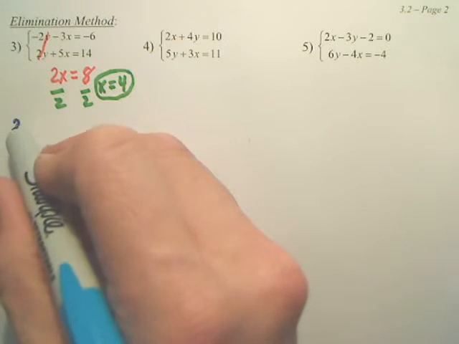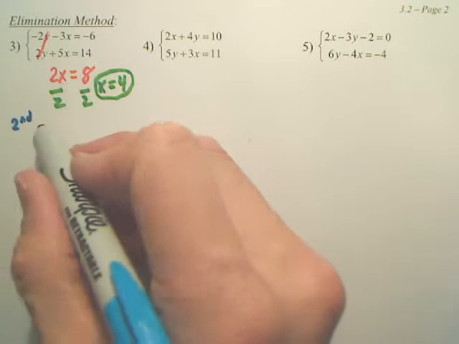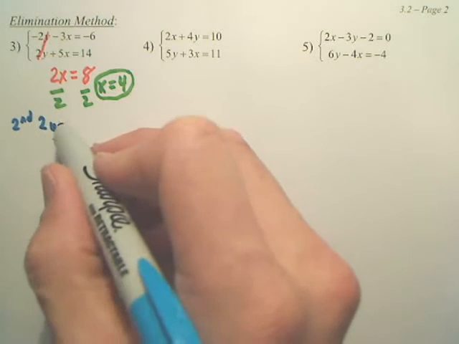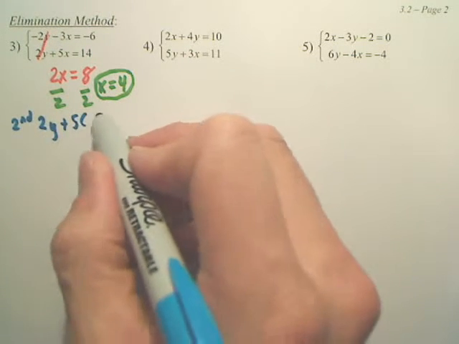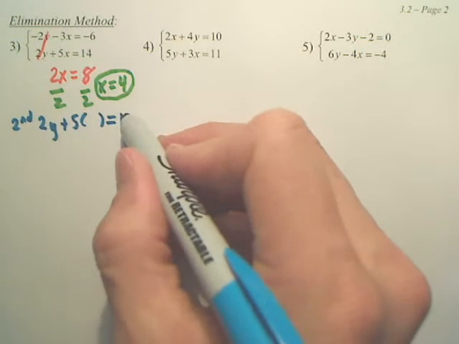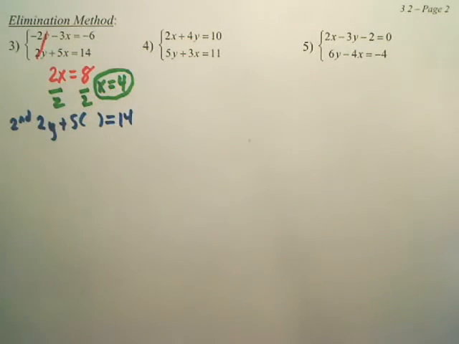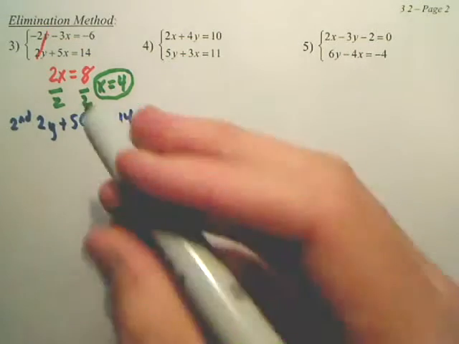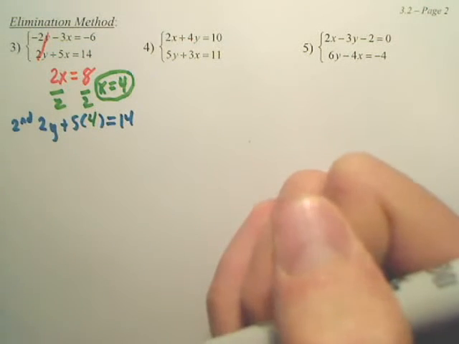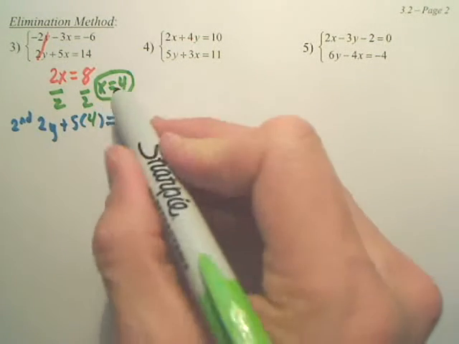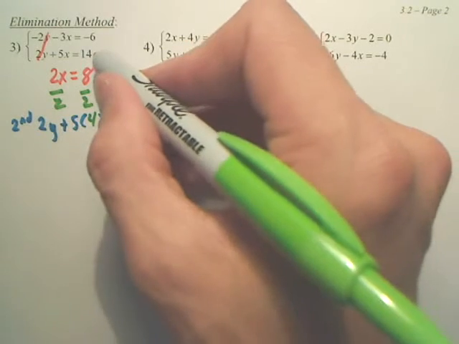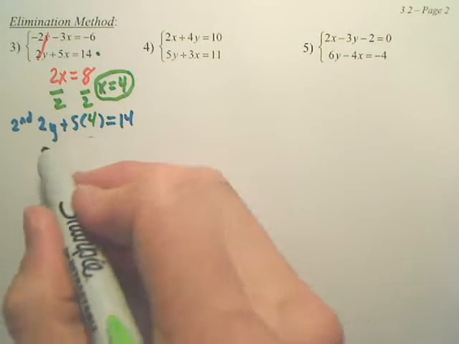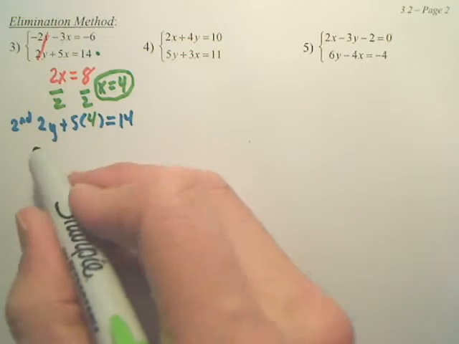I'm going to choose the second equation. And instead of x, I'm going to put a blank, because x is 4. X is 4, so I plugged it in to the second equation. So now I solve this, and I'll get y.